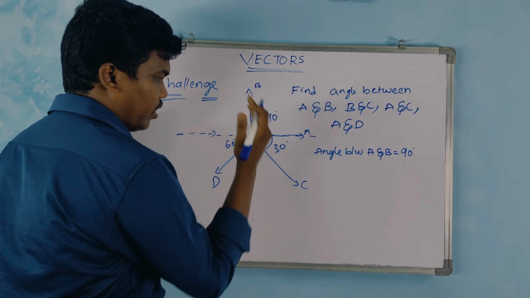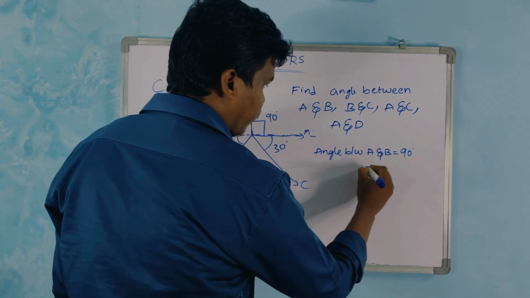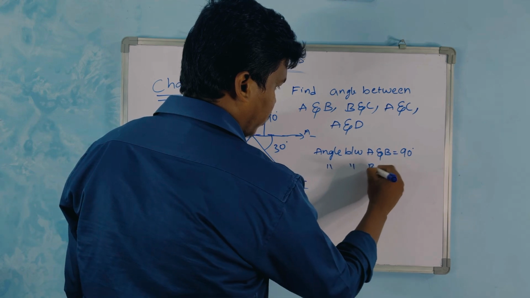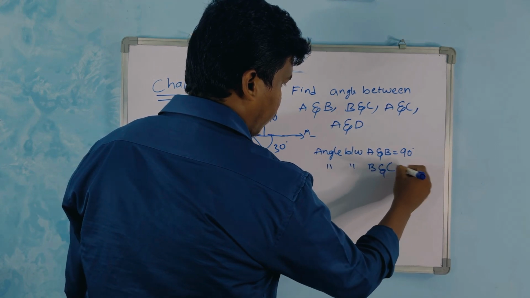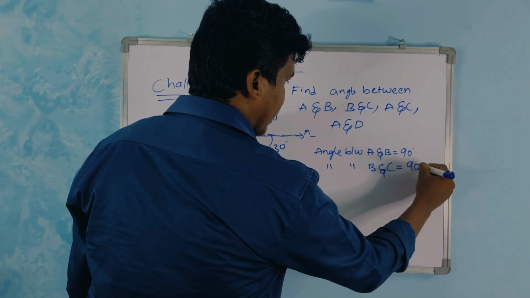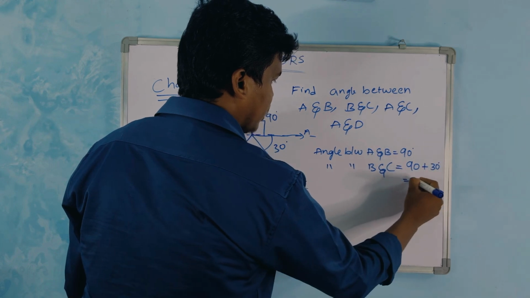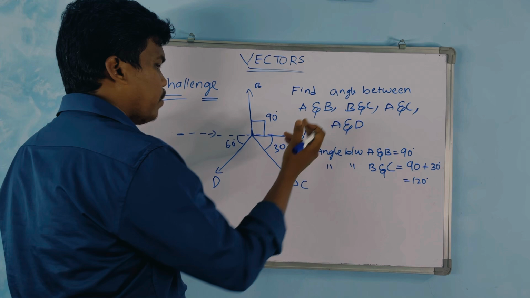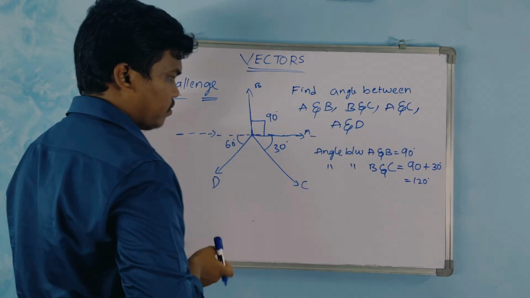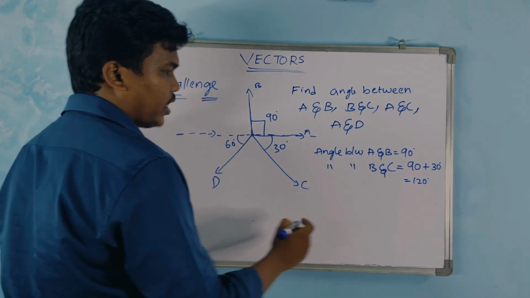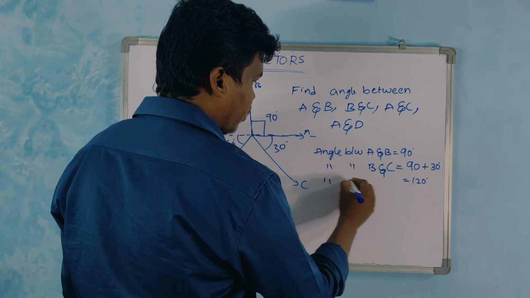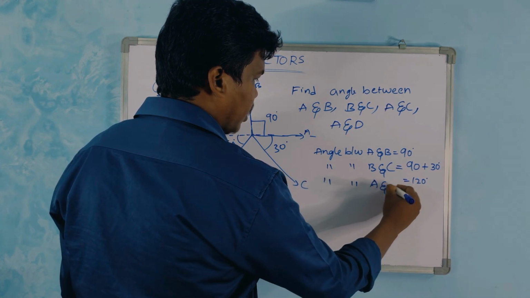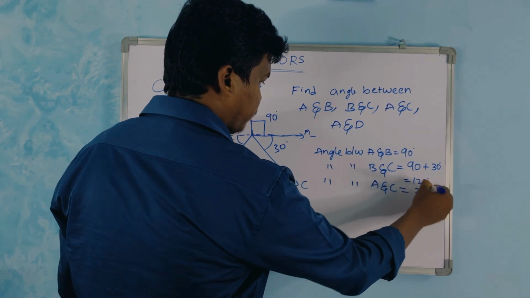Here is the B, here is the C. The angle between B and C will be 90 plus 30, that is 120 degrees. What is the angle between A and C? A and C is 30. The angle between A and C is equal to 30.